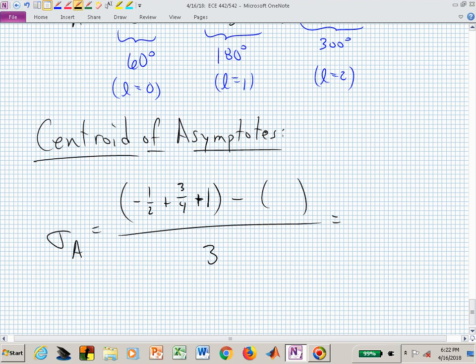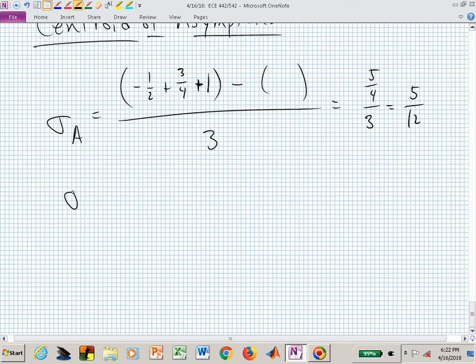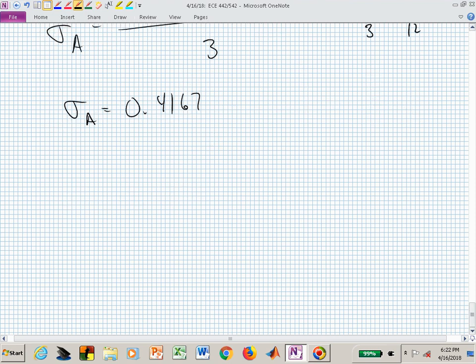Or I now have effectively 1/4 plus 1, or 5/4, divided by 3, or 5/12, so something a little bit less than 1/2. A little bit less than 6/12. And if we compute that, sigma sub A would actually be 0.4167.